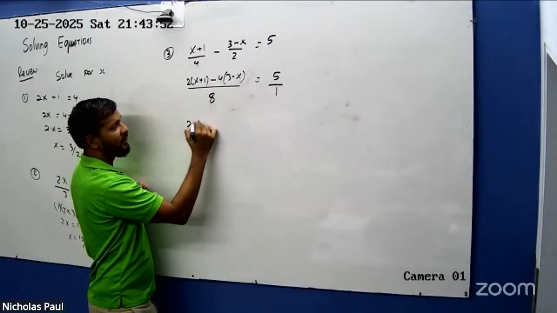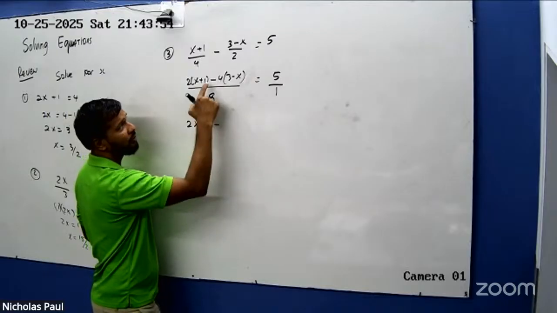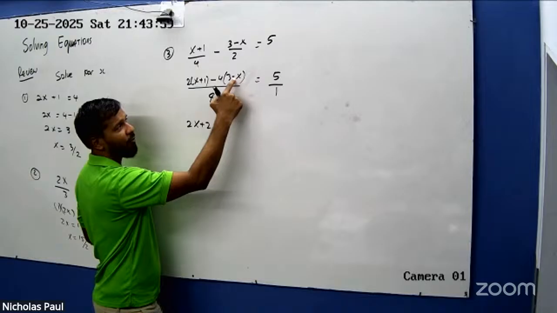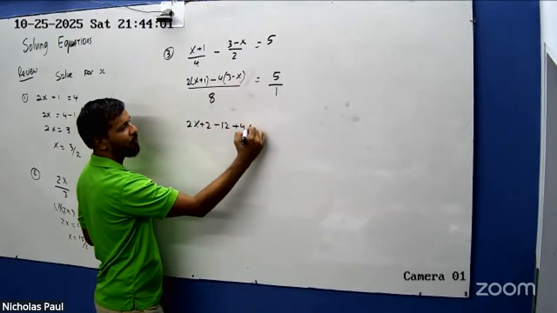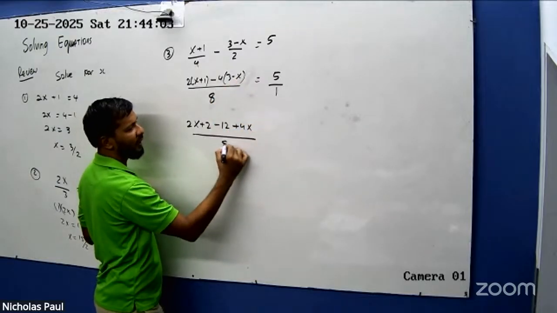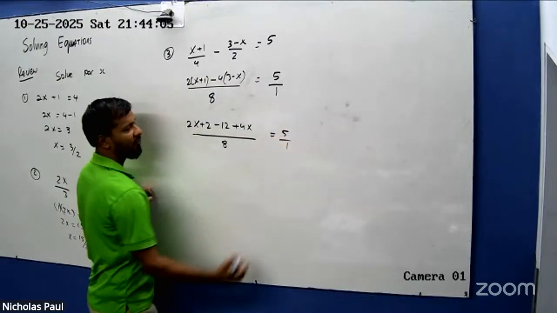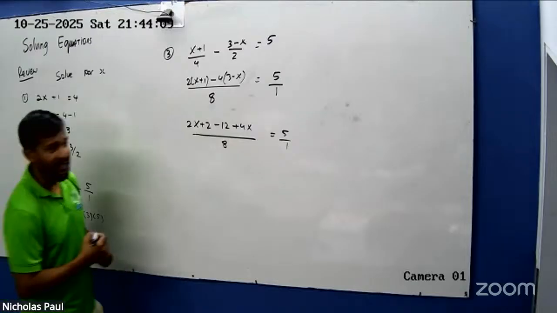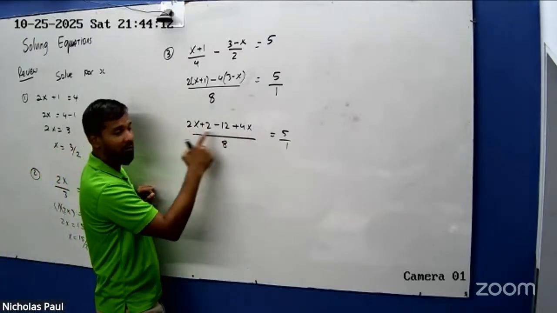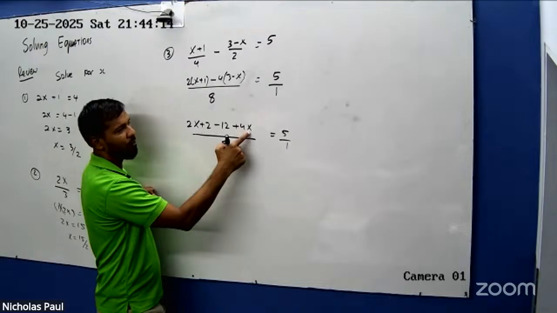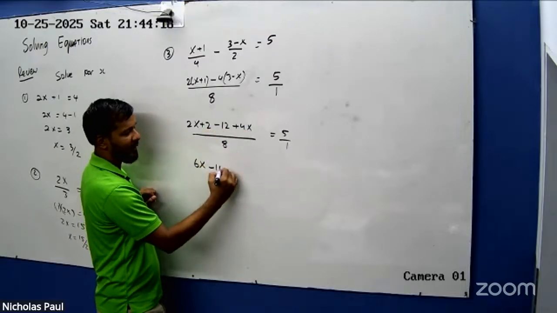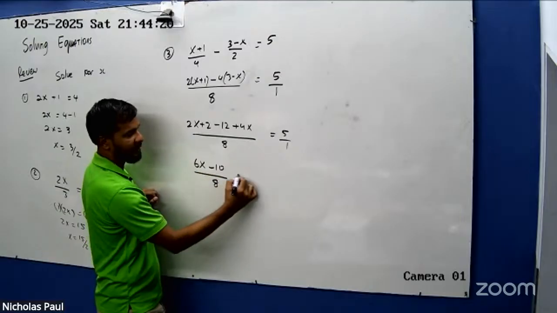So that'll be 2x plus 2 minus 4 by 3 minus 12 minus 4 by minus x's plus 4x, all over 8. And then you bring your like terms together: 2x plus 4x is 6x, 2 minus 12 is minus 10, all over 8.